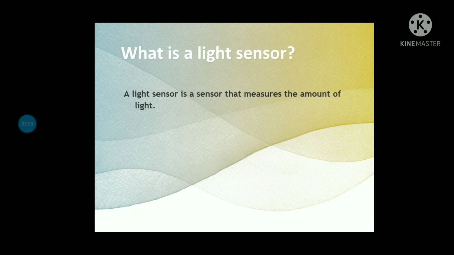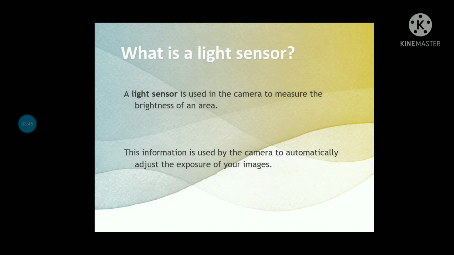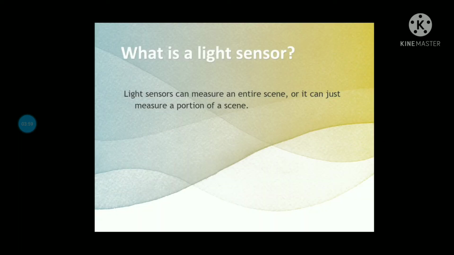A light sensor is a sensor that measures the amount of light. A light sensor is used in a camera to measure the brightness of an area. This information is used by the camera to automatically adjust the exposure of your images. Light sensors can measure the entire scene or just a portion of a scene.